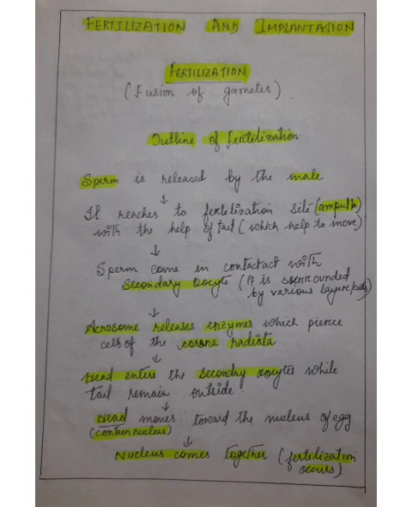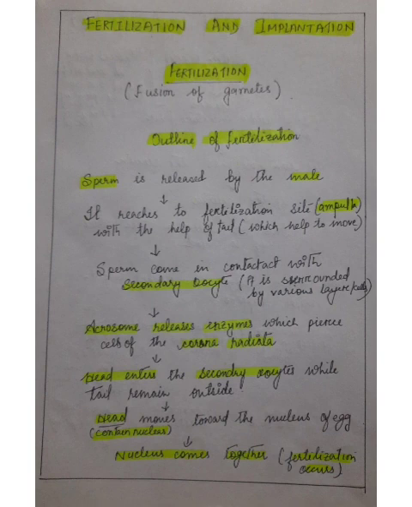It's a layer which surrounds the ovum. Okay, and then the head enters the secondary oocyte, while the tail remains outside. So the head of the sperm enters the secondary oocyte, and the tail remains outside.